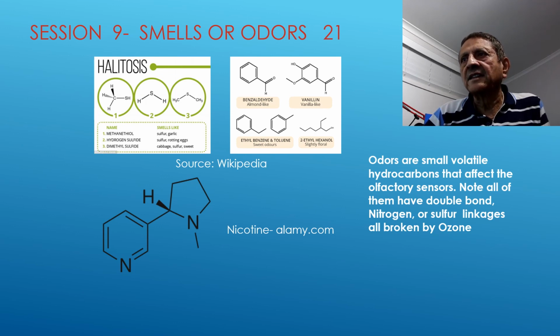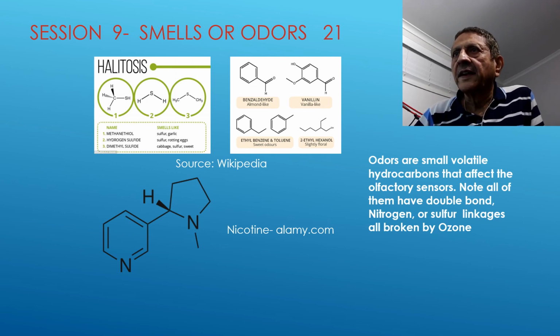Nicotine, which also has some smell, the structure of nicotine is given in this figure, which has hydrogen-nitrogen groups. Nicotine does not have much of a smell, but it can be destroyed by ozone.